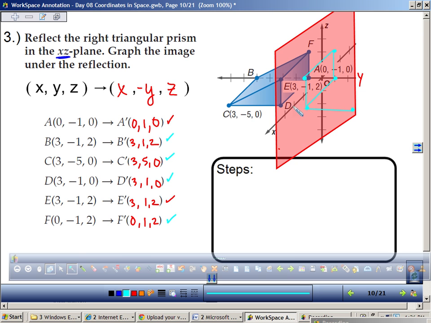That's right. 3, 1. We already did this. Not 3, 1, 2. 3, 1, 2? Yeah, it's right here. Something's wrong with these numbers. Something has to be wrong with these numbers.